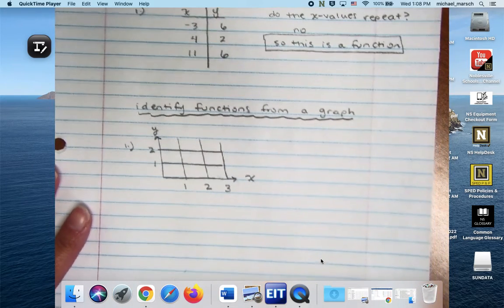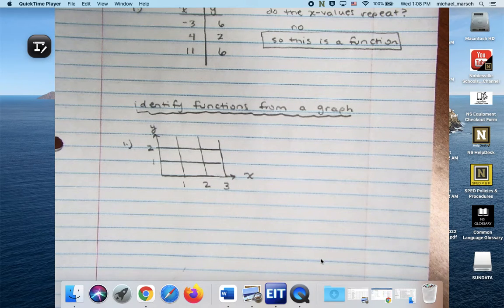We're just making our own little graph here. It's a mini graph. Teeny tiny mini graph.